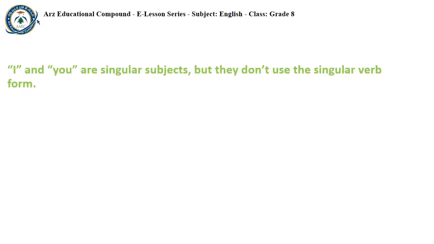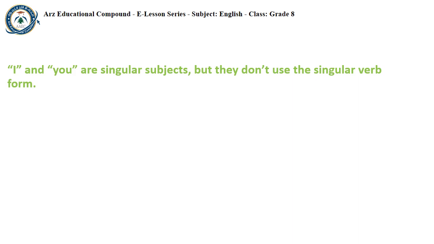Now note that I and you are singular subjects, but they don't use the singular verb form. They are an exception to the rule. Subject-verb agreement rules are different when the subject is in the third person singular. So that's when your subject is a he, a she, or an it. The subjects I and you are different.